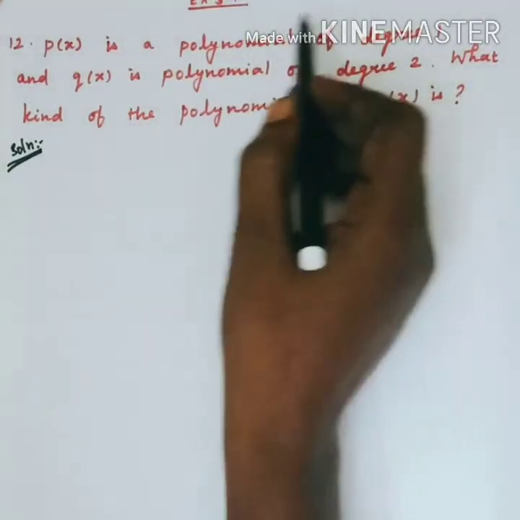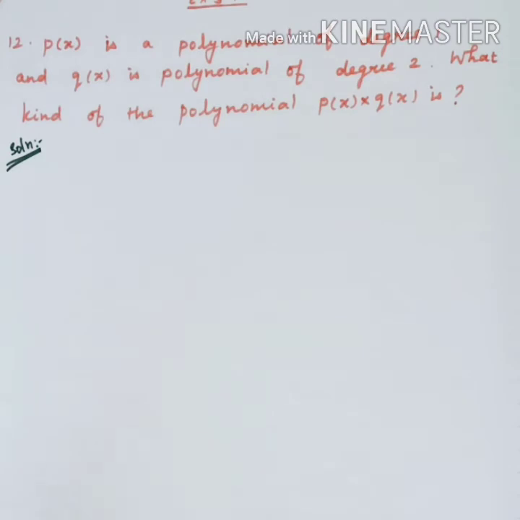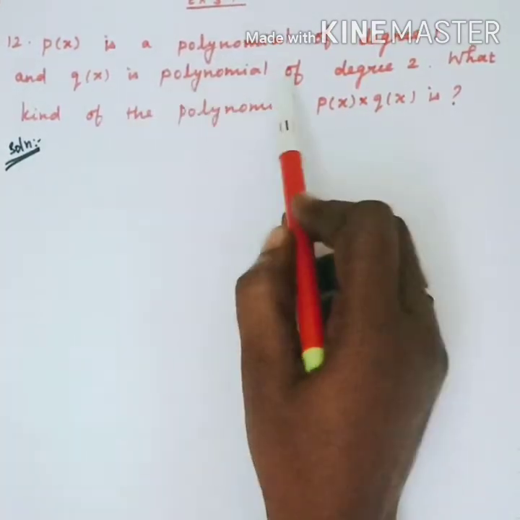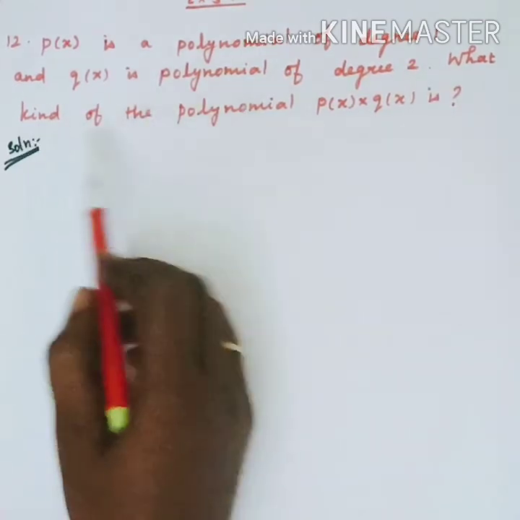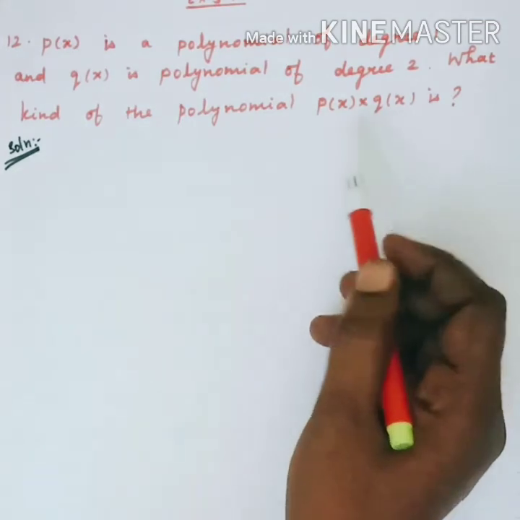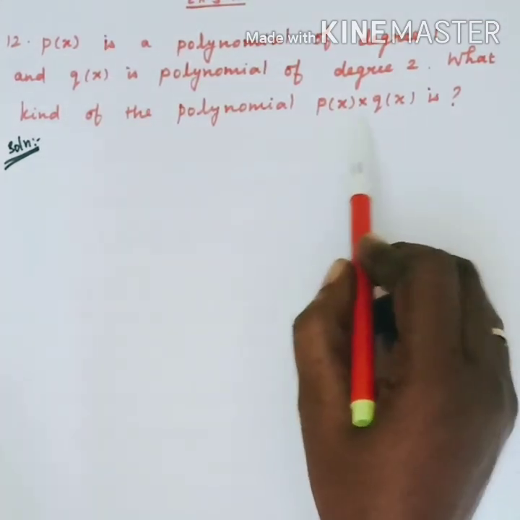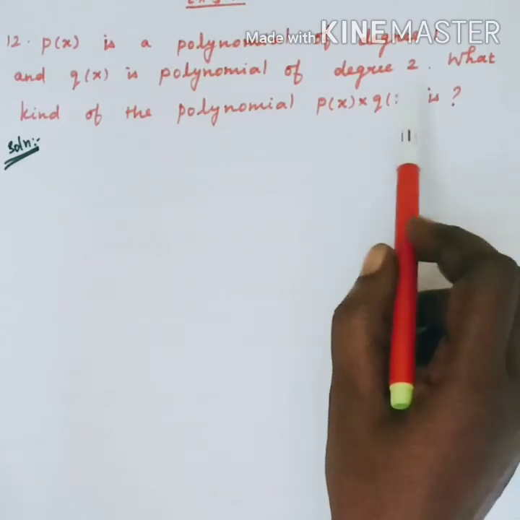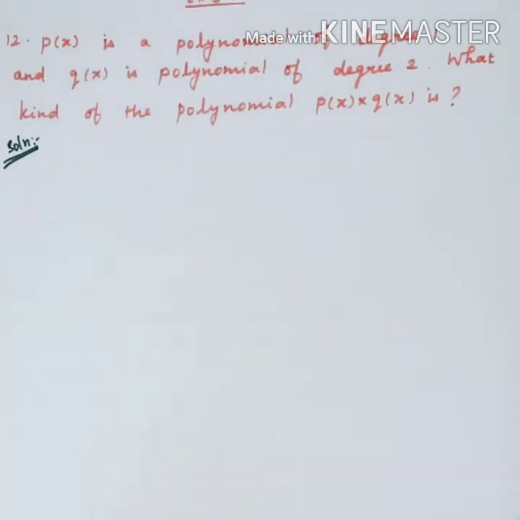Exercise 3.1, 12th sum. P of x is a polynomial of degree 1 and Q of x is a polynomial of degree 2. What kind of polynomial is P of x into Q of x? When we multiply two polynomials, we have to add the degrees of the two polynomials.